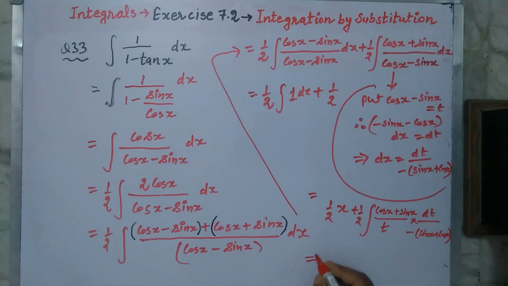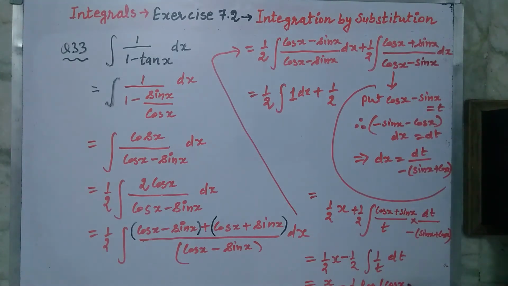So the 1 by 2 x plus 1 by 2 terms cancel. This minus will come outside, minus 1 upon t dt. So the answer is x by 2 minus 1 by 2 log of t. What is t?